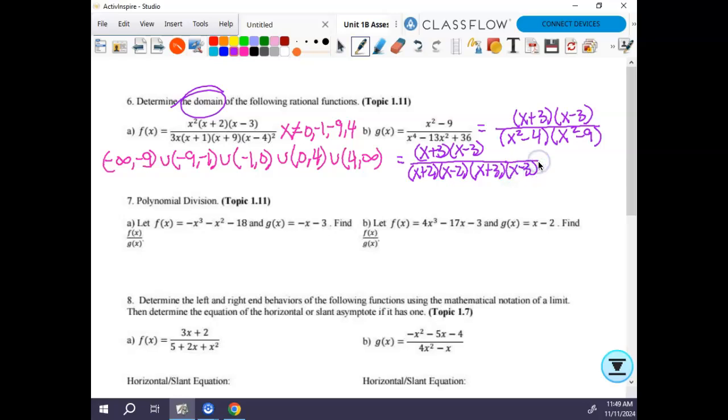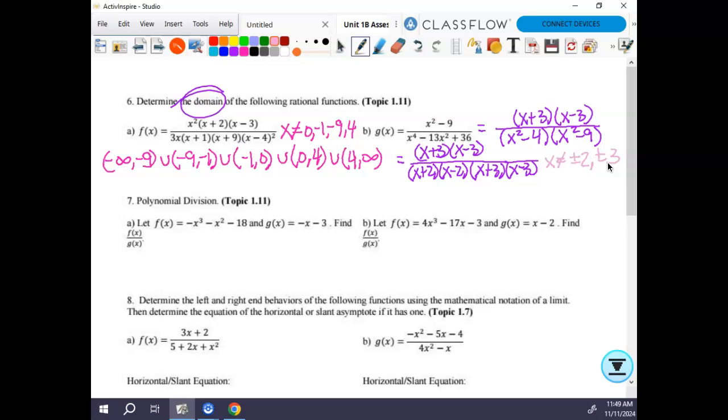So just like on the other one, I have lots of things I could cancel out here, but I'm finding the domain before that. So I can see here that x cannot be anything that makes the denominator 0. Can't be plus or minus 2, can't be plus or minus 3.